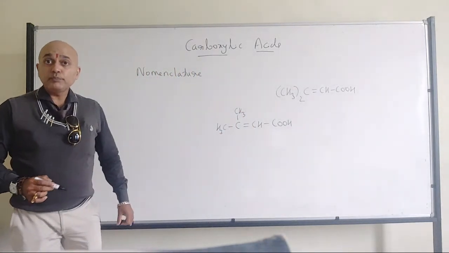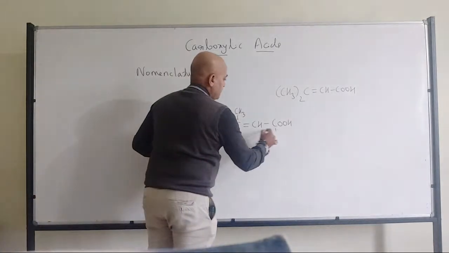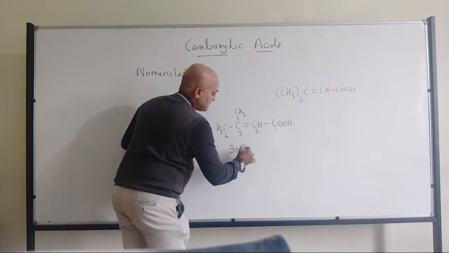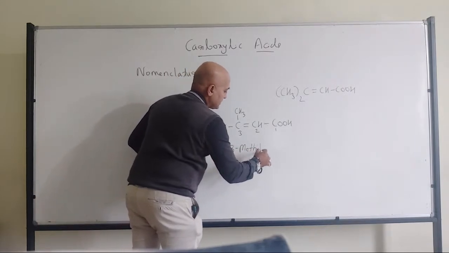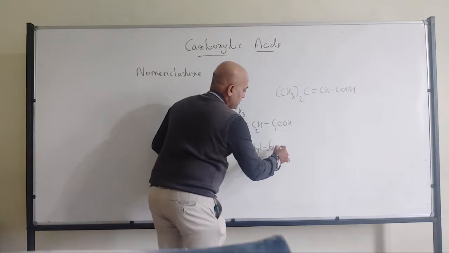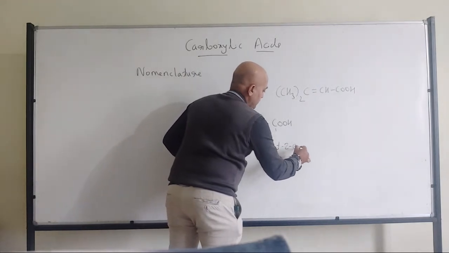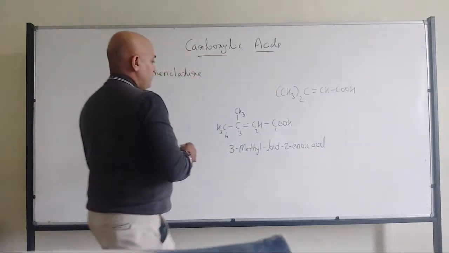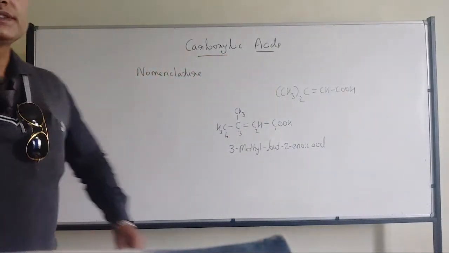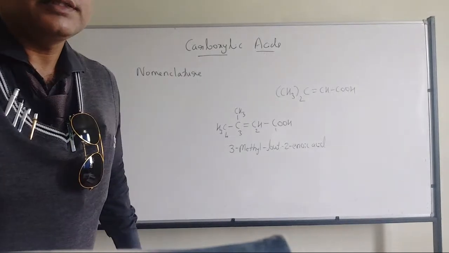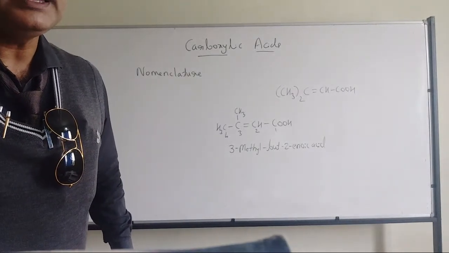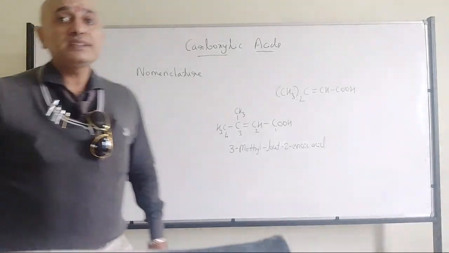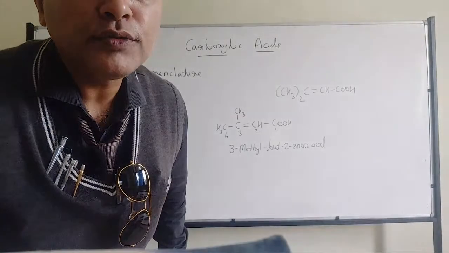So it is a butane derivative: 1, 2, 3, 4. So I can write it as 3-methyl but-2-enoic acid. Absolutely correct. Okay, that's where we have the IUPAC name of the molecule.